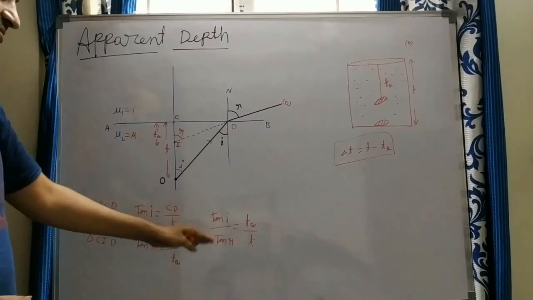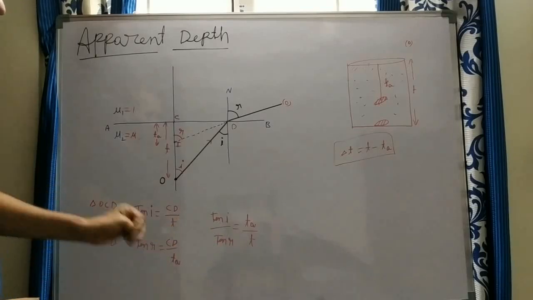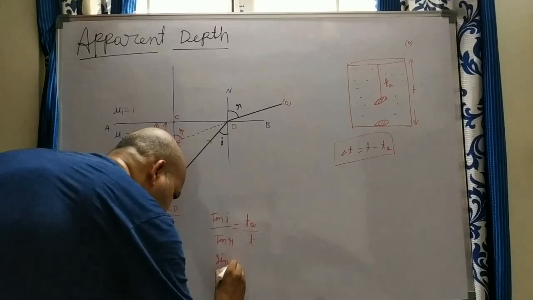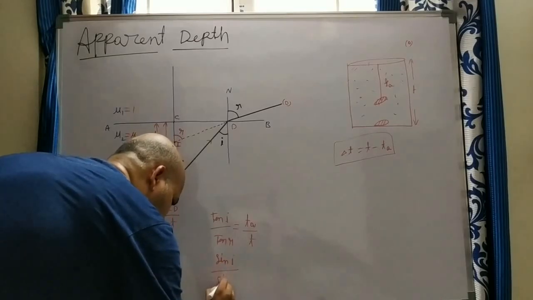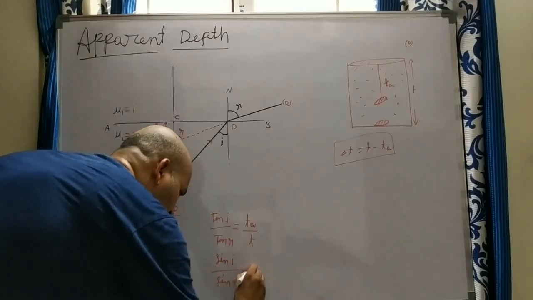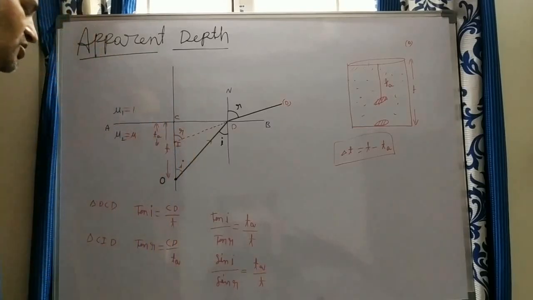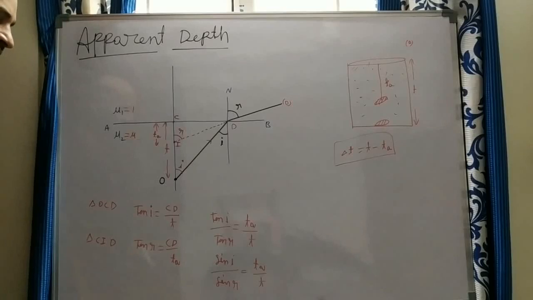That means tan I is equal to sin I and tan R is equal to sin R. Then what you get is sin I by sin R, which is equal to T apparent by T. You know, this is the refractive index formula. Refractive index mu is equal to sin I by sin R.